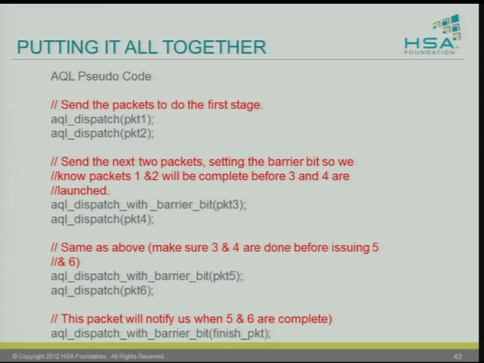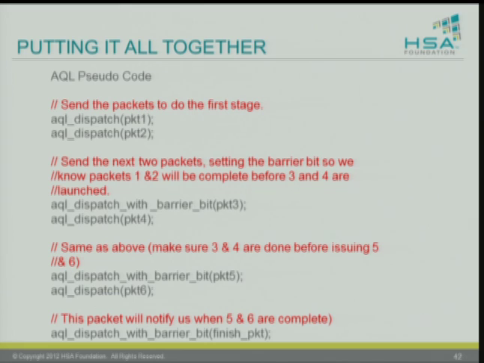So if you look at what the pseudocode would look like, don't get too bogged down in the actual words here, this is just made up pseudocode. You would have some queue, and let's say you dispatch the first 2 packets, and if the system wants, those packets can now be executing in parallel, although it's not guaranteed.